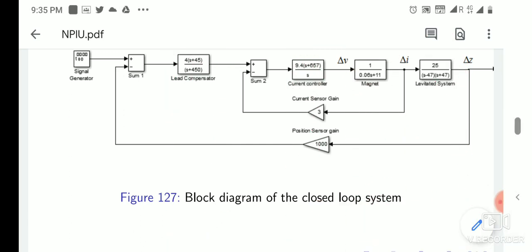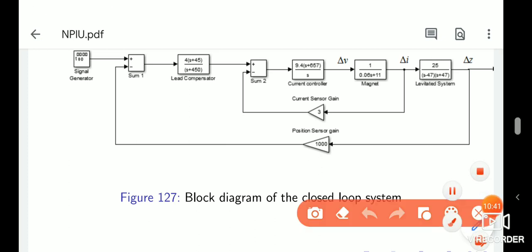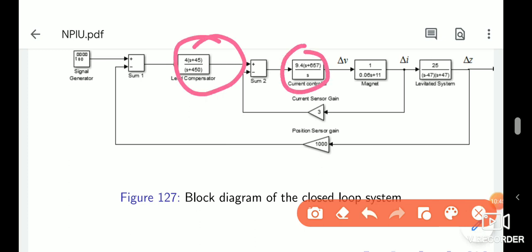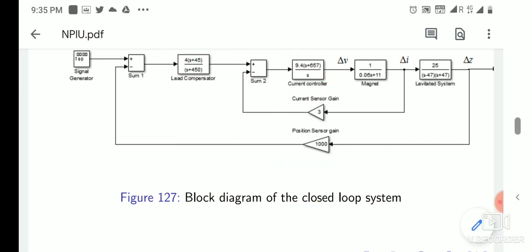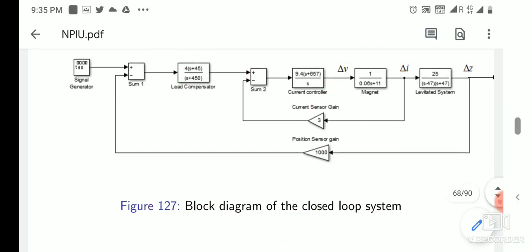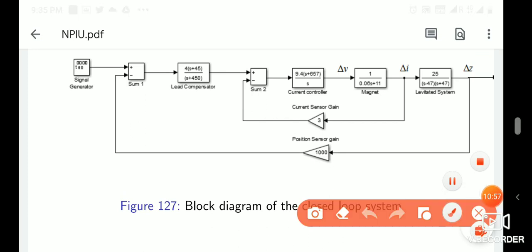Now this has been designed by MATLAB or Simulink. Now we will have to design this controller, meaning this whole circuit except this, which is the mechanical part.